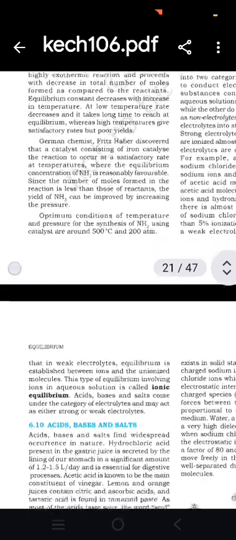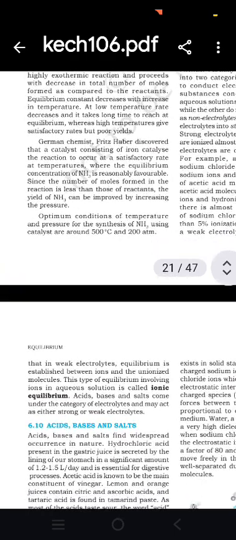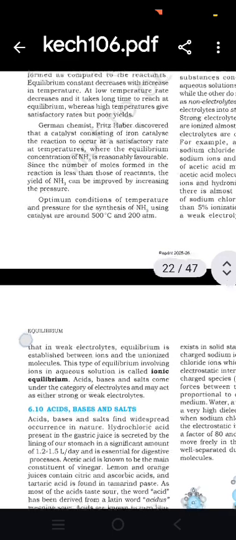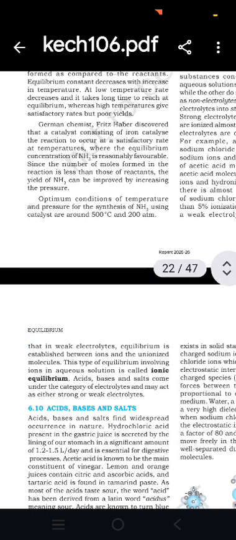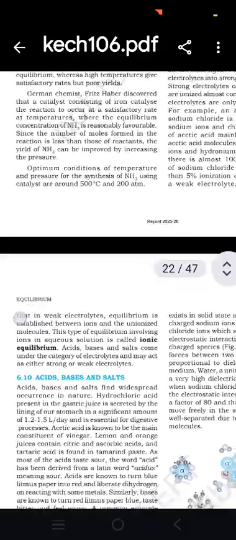It takes a long time to reach equilibrium, whereas equilibrium at high temperature gives a satisfactory rate but a poor yield. The German chemist Fritz Haber discovered a catalyst consisting of iron that catalyzes the reaction to occur at a satisfactory rate, where the equilibrium concentration of ammonia is reasonably favourable.